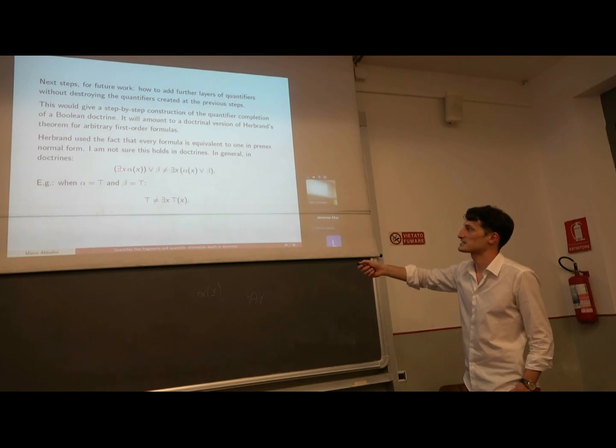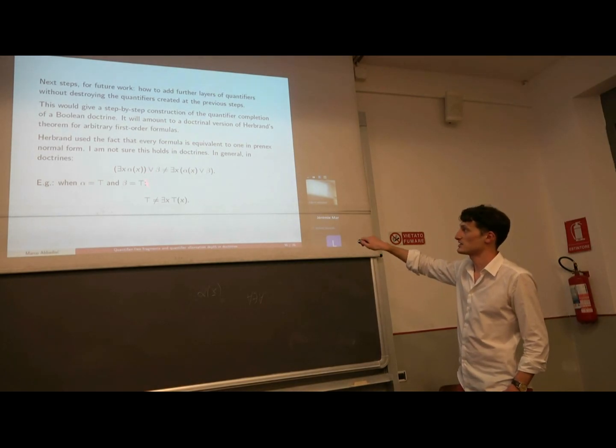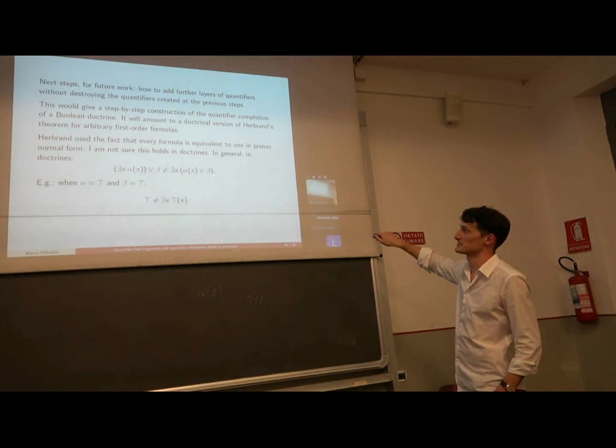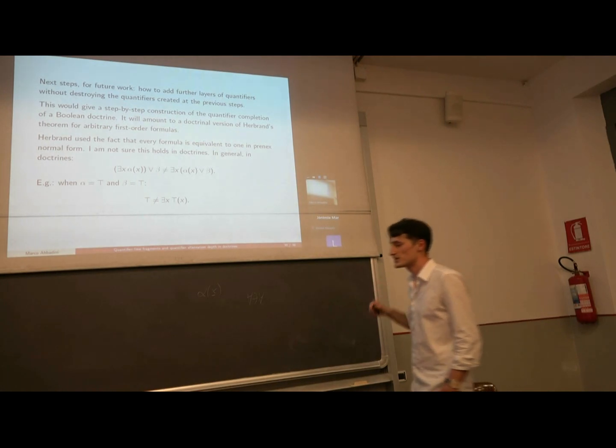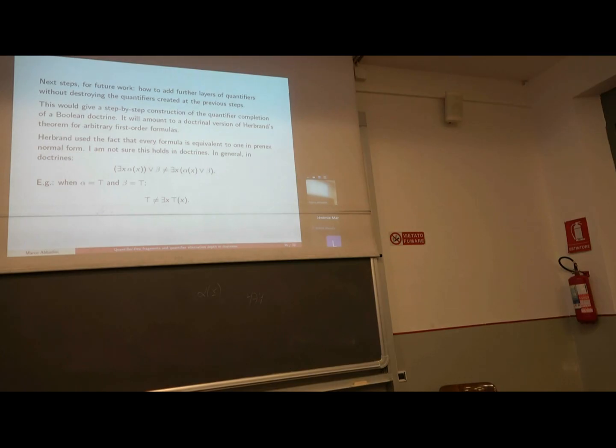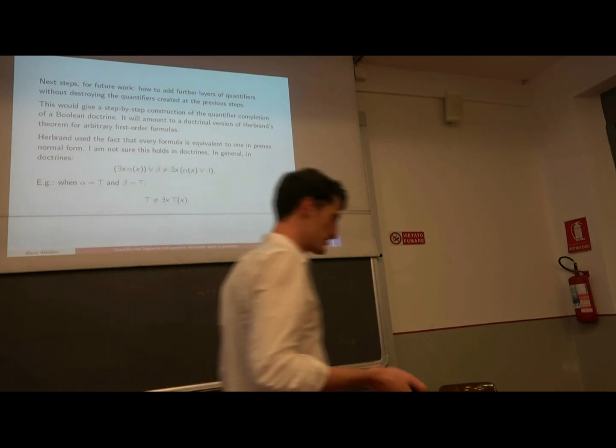If you have exists x, alpha(x), or beta, in classical logic, in the usual approach, it is equivalent to exists x, alpha(x) or beta. But for first-order Boolean doctrines, this doesn't hold in general. For example, when alpha is top and beta is bottom, this becomes top, and this becomes exists x, top(x). And in a first-order Boolean doctrine, this is not true.